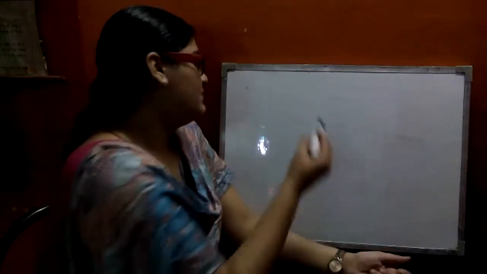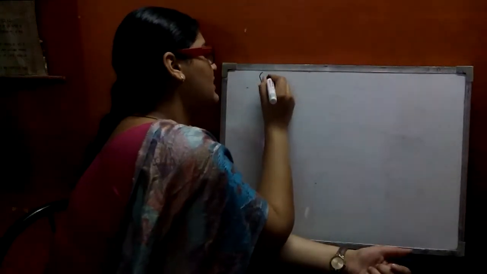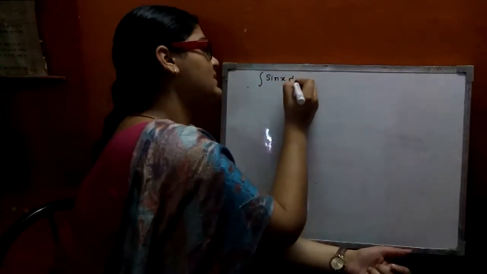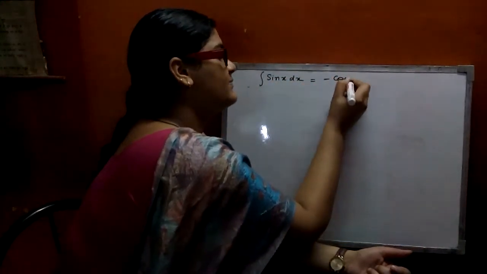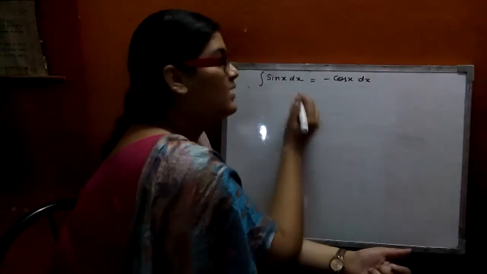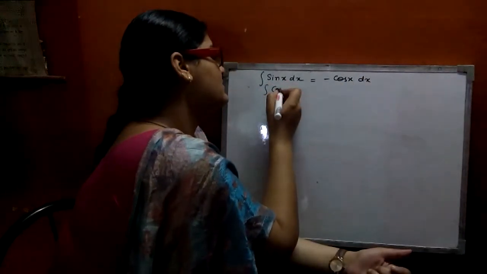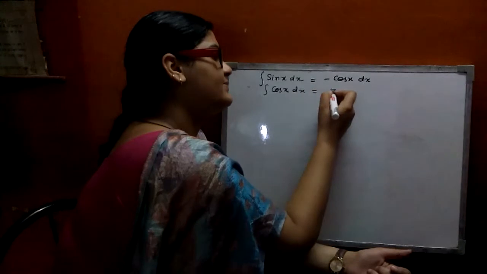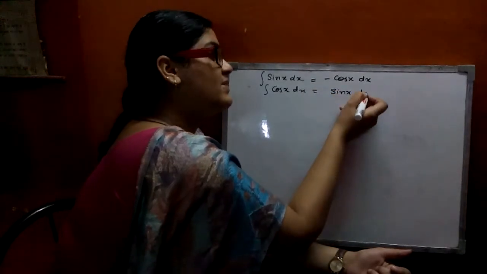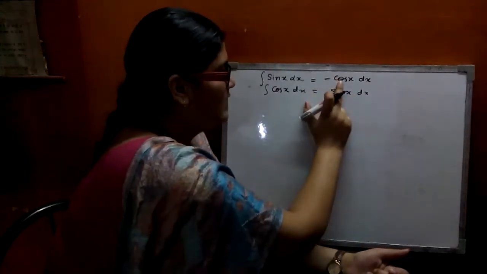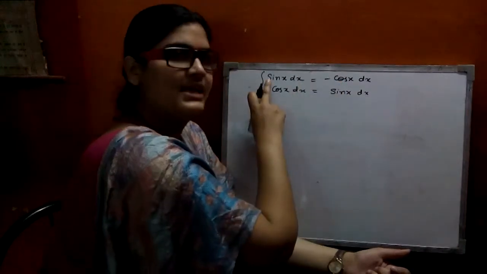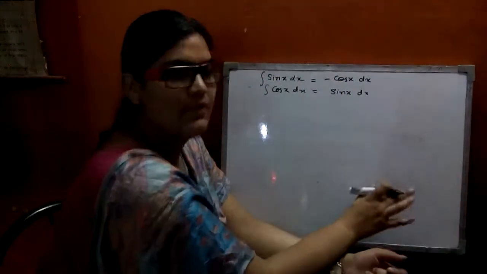In indefinite integrals, we have various formulas, like the integration of sin x is minus cos x. The integration of cos x is sin x. It is the reverse of differentiation: we know the differentiation of cos x is minus sin x, but in integration you have to convert it.